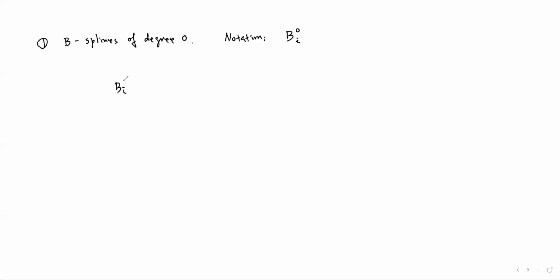B_i^0 is a function that depends on x. When x is in this interval, from t_i to t_{i+1}, the value is 1. Now this is the x-axis. What is i? i can be any integer, say negative 100, negative 8, 0, positive 8, positive 99.